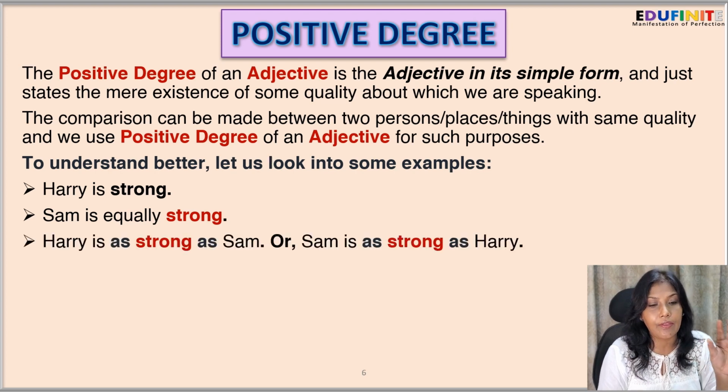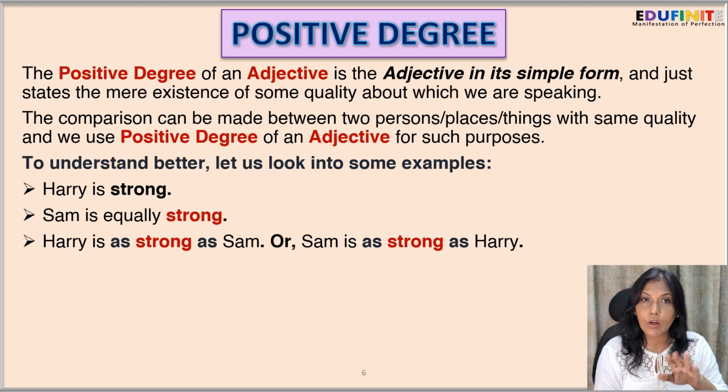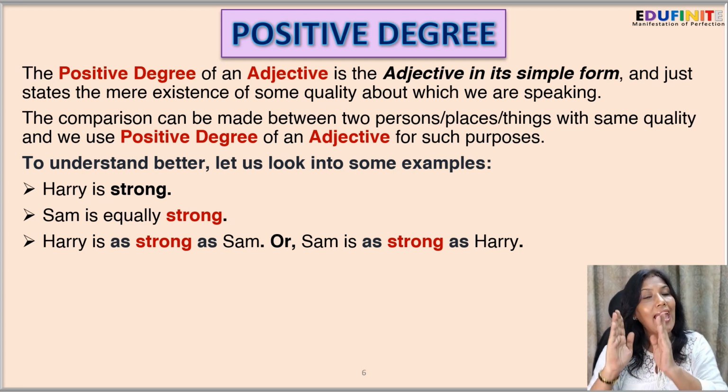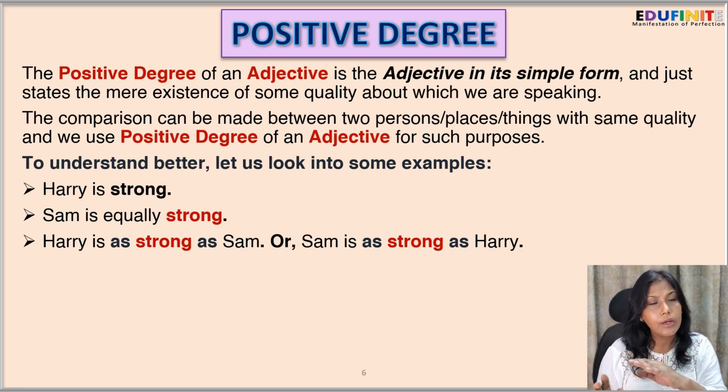We can say either Harry is as strong as Sam because they both are equally strong. So we can say Harry is as strong as Sam. Or since they both are equally strong, we can also reverse and say, Sam is as strong as Harry.